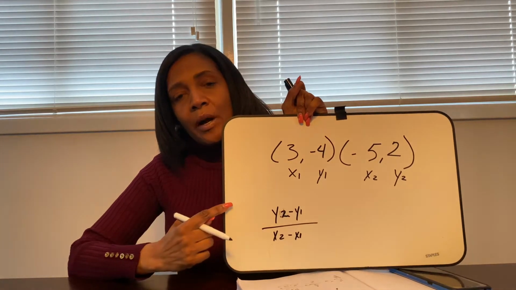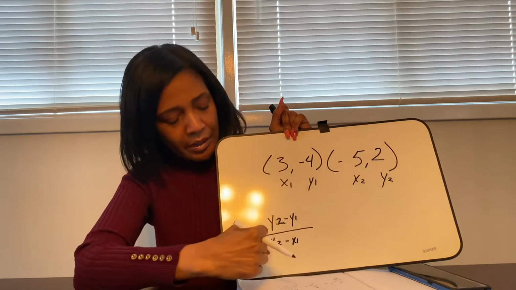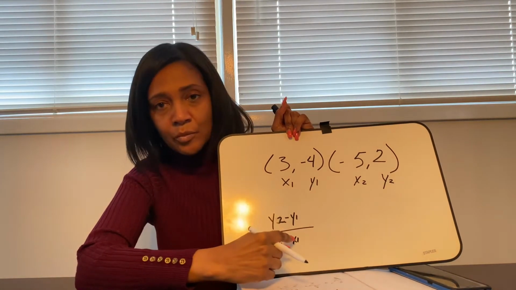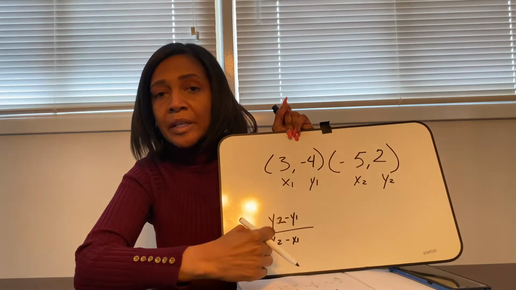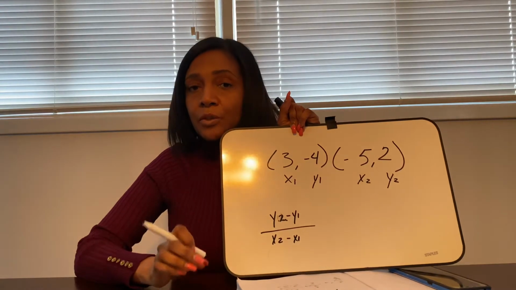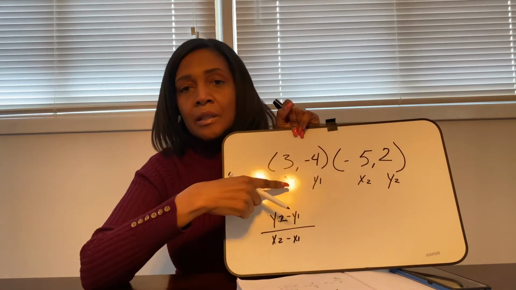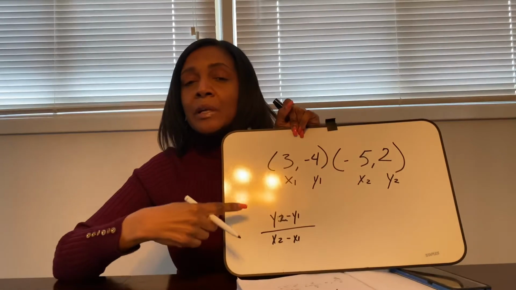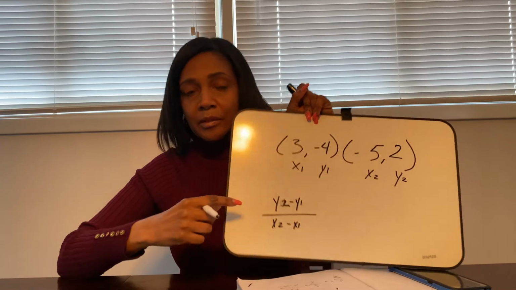It is y2 minus y1 over x2 minus x1, okay? y2 minus y1 over x2 minus x1. Don't get it confused with this up here. This starts with x1, but you have to change it to this when you are writing the formula.